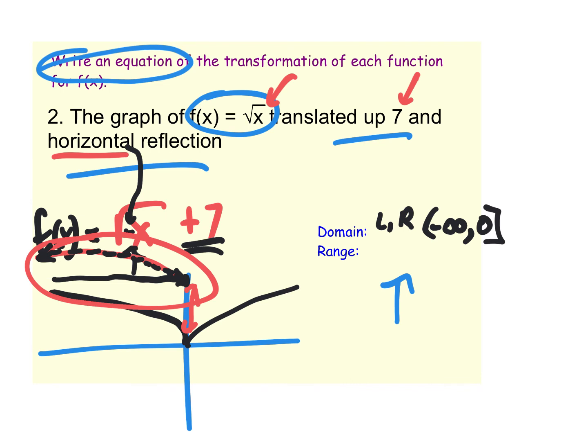Remember, if it touches that spot, you put a bracket on it. Okay, now how about range? The range is how low to how high, and the lowest this graph goes is this spot right here, which is at 7. And the highest this graph goes is infinity. So 7 to infinity.